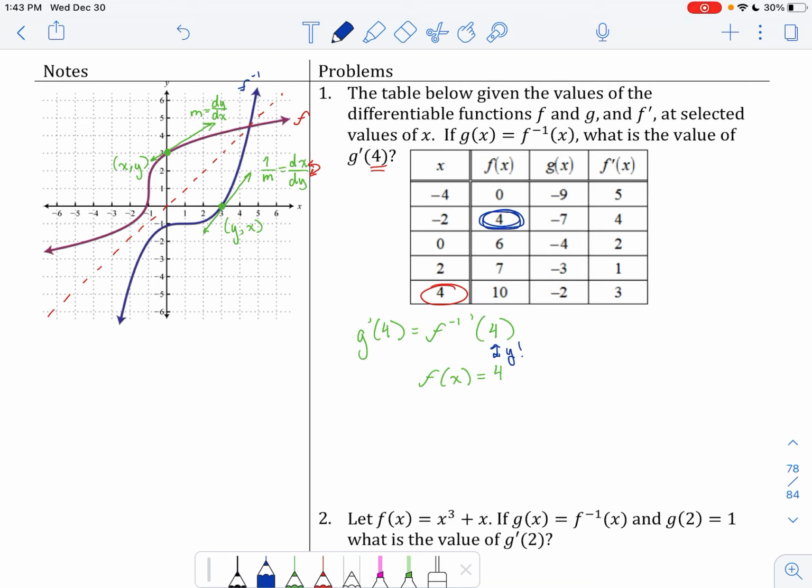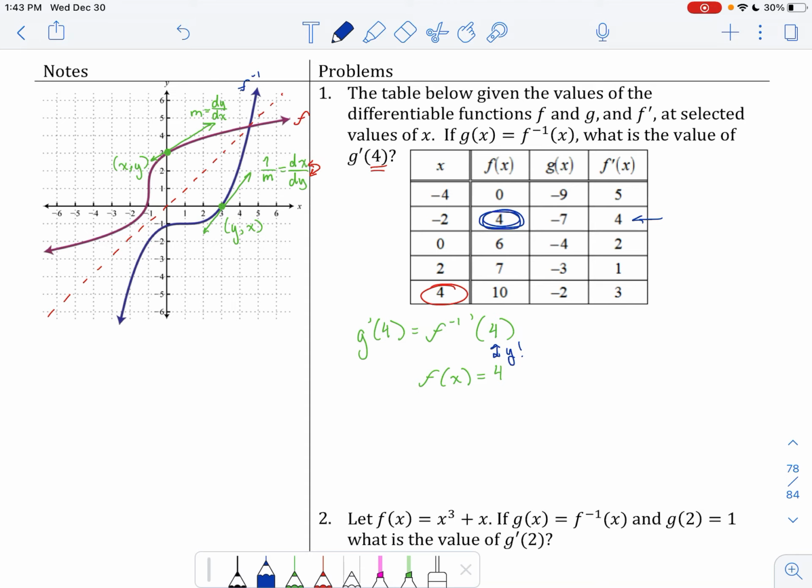And so what this tells us is that f prime of negative 2, that's the value we're interested in. All right?